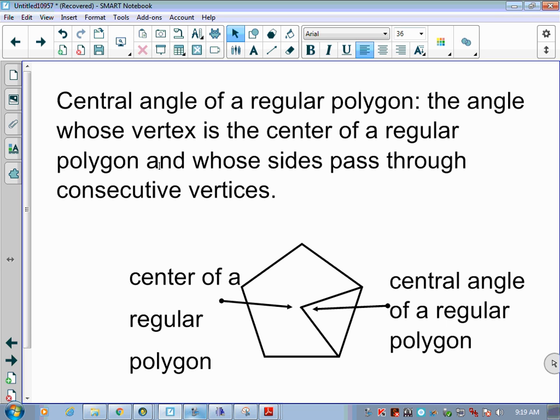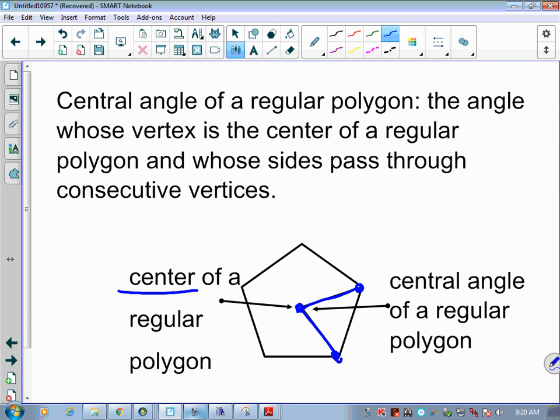It's the angle whose vertex is the center of a regular polygon and whose sides pass through consecutive vertices. Consecutive vertices, meaning vertices that are in order next to each other. So it's an angle that goes to consecutive vertices that comes from the center of the regular polygon.